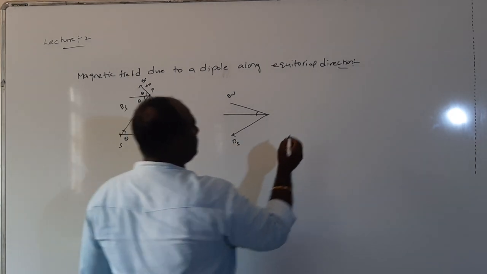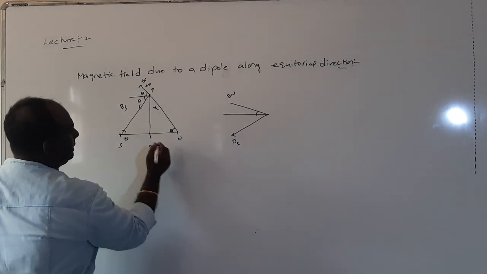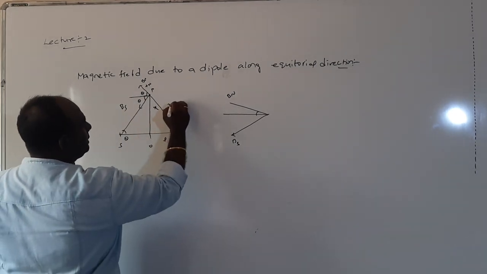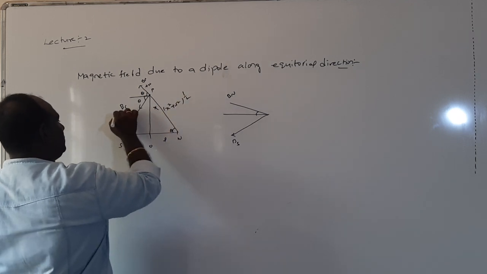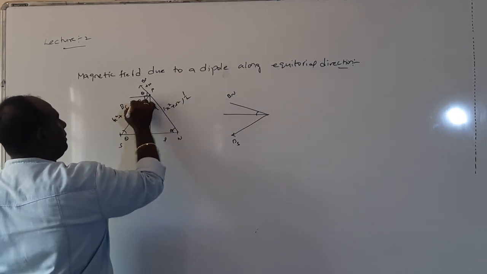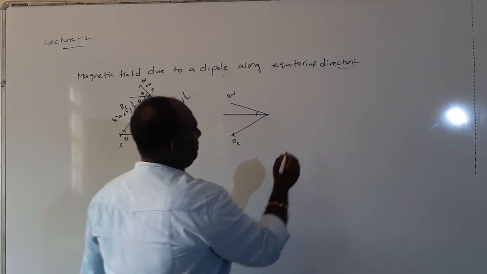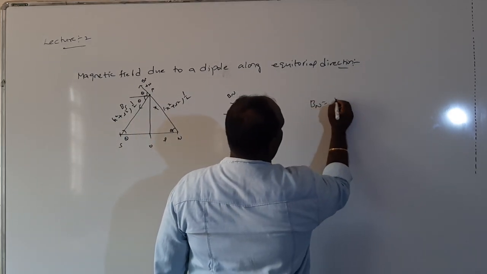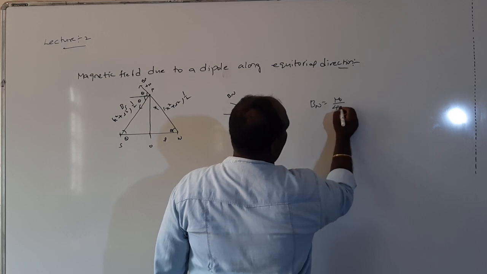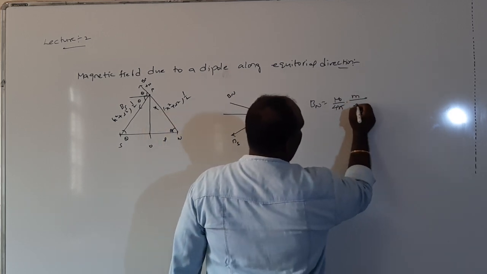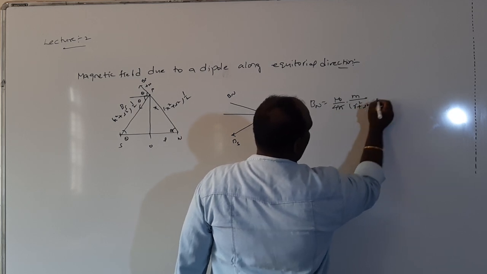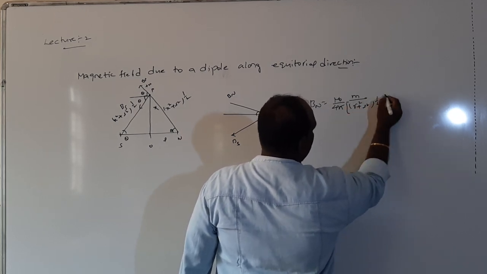What is Bn? Sir, this is x, this is L. Then the distance becomes (x square plus L square) whole power 1 by 2, and the same for the other pole. So, Bn is equal to mu naught by 4 pi, m by ((r square plus L square) whole power 1 by 2) whole square.